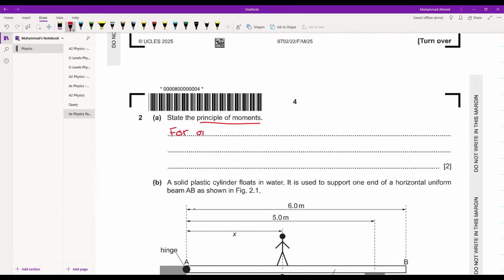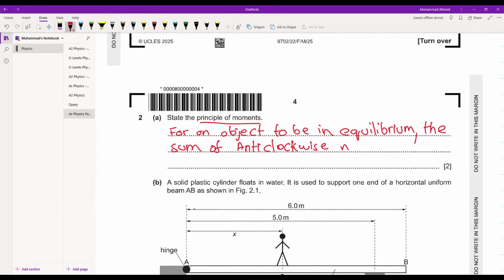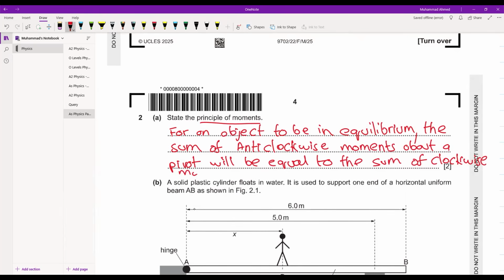For an object to be in equilibrium, the sum of anticlockwise moments about a point or about a pivot will be equal to the sum of clockwise moments about the same pivot. Easy peasy, lemon squeezy, nothing complicated here.